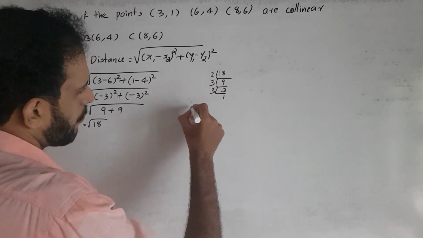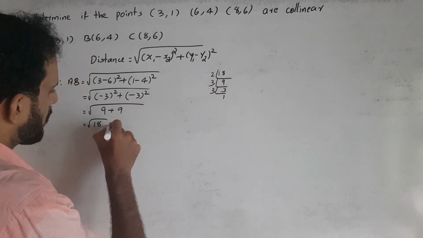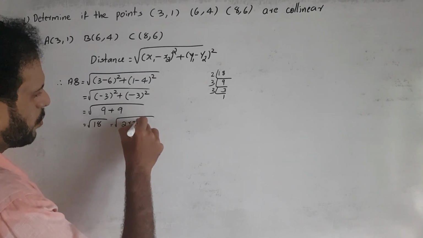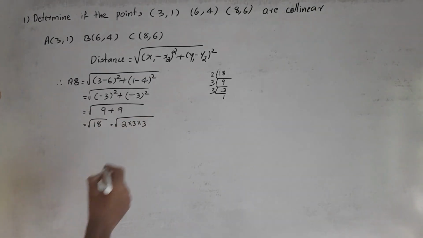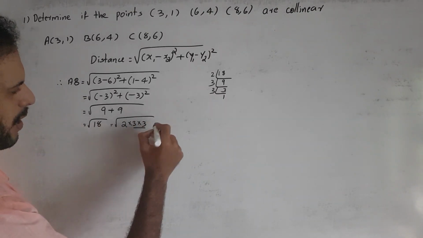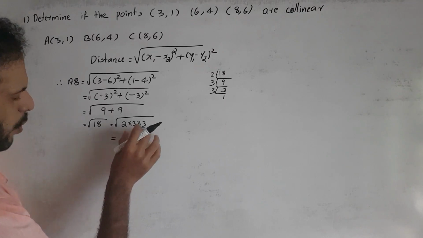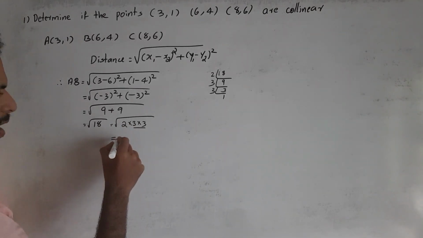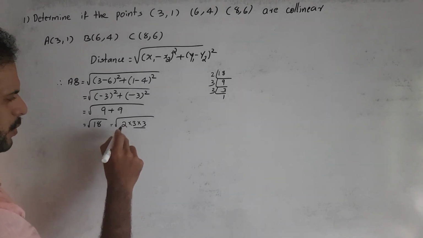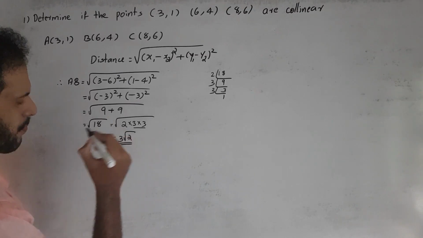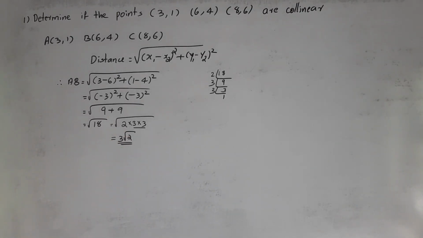So for finding the square root of 18, we write 1, then 2 into 3 into 3. Here we have a pair for 3. For each pair we take one out to find the square root. The 3 will come out, but the 2 remains inside the root because 2 does not have a pair. So root 18 is 3 root 2.